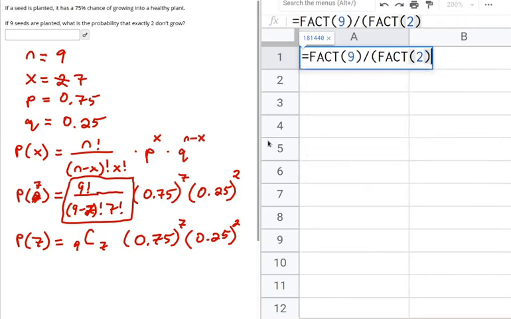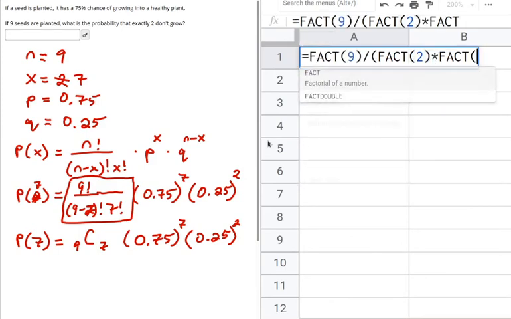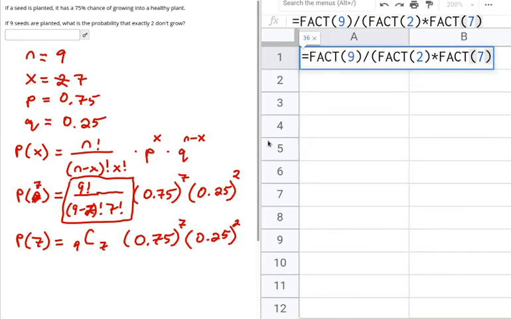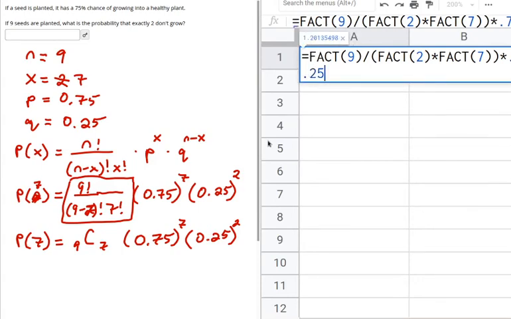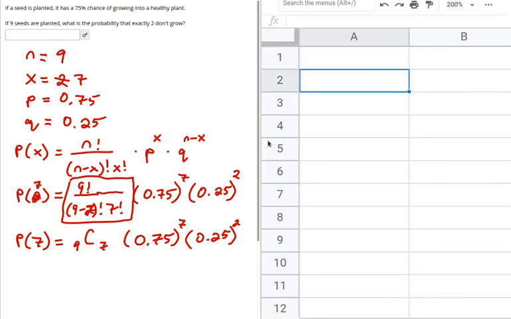Fact 2 times fact 7, and then close those parentheses. And now I can multiply by my probability of success to the number of successes times probability of failure to the number of failures. Give it a second to calculate, and there's my probability of 7 successes.